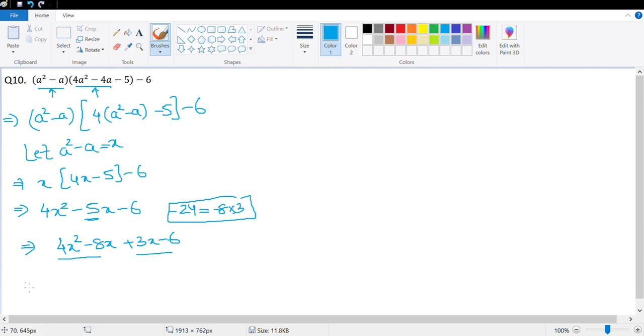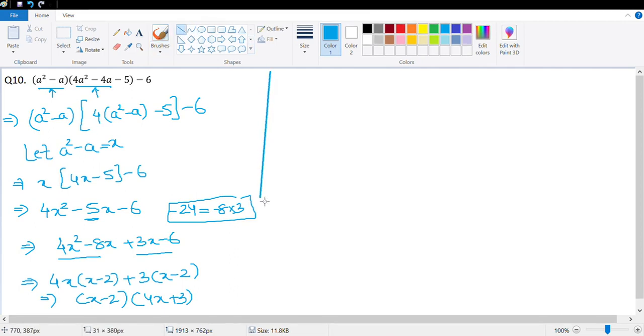Grouping it the way I have underlined, we have 4x times (x minus 2) plus 3 times (x minus 2), which means (x minus 2) times (4x plus 3). Now x is a variable which we've introduced on our own. So let's resubstitute the value of x as a square minus a.